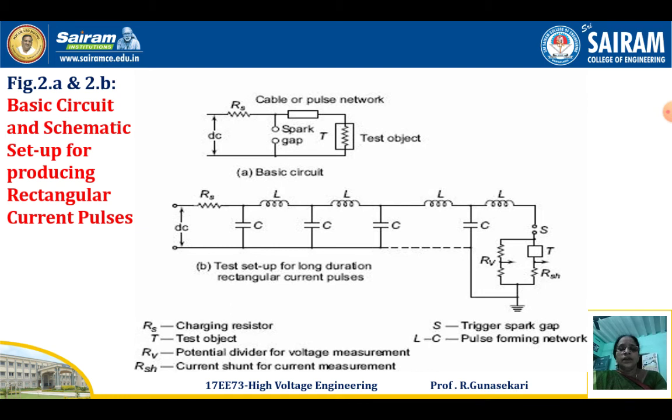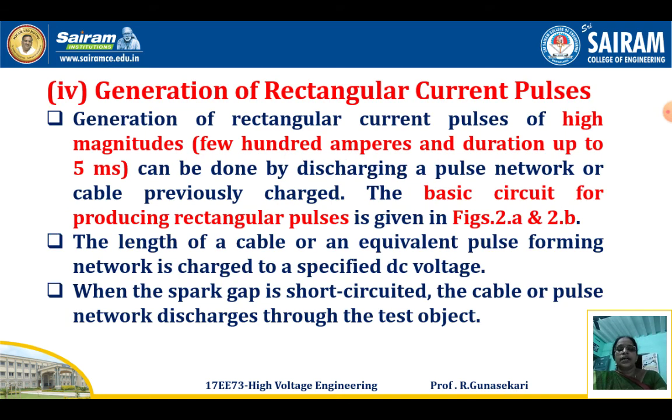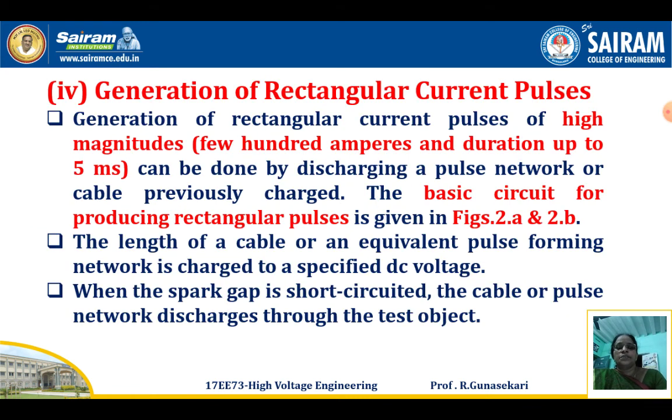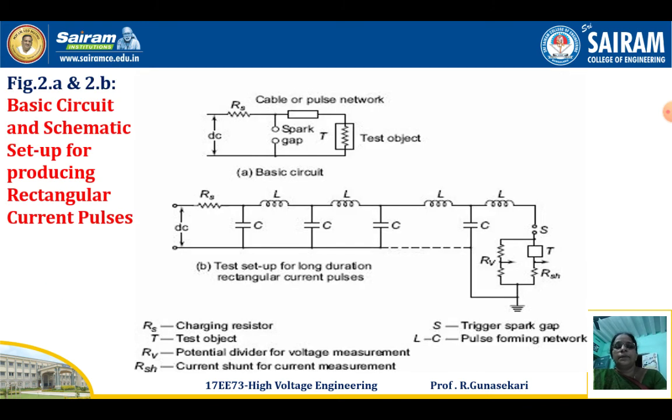You see the charging resistance is there, and the cable is charged to a specified DC voltage only. Then when the spark gap is short circuited, the cable or pulse network is discharged through the test object T only.